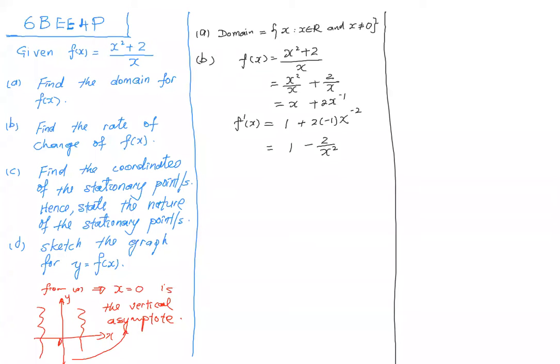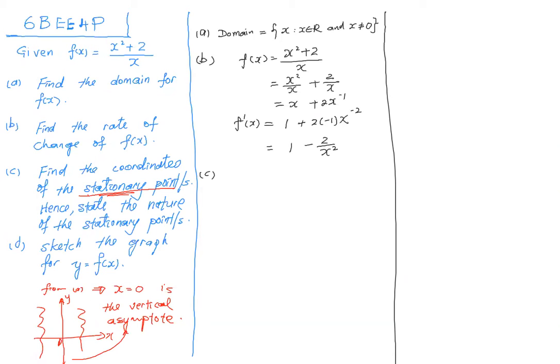Okay, now part C. Still remember yesterday I told you about this word? Stationary point. Stationary. Kevin? dy/dx equals 0.